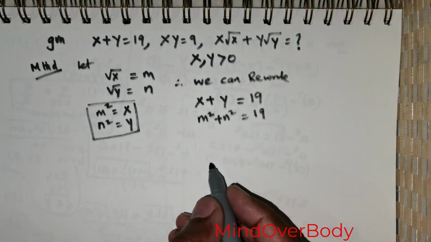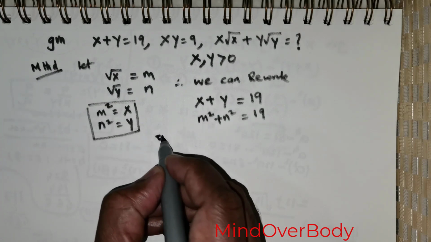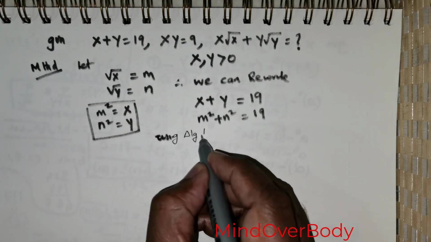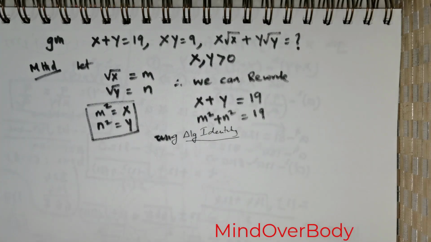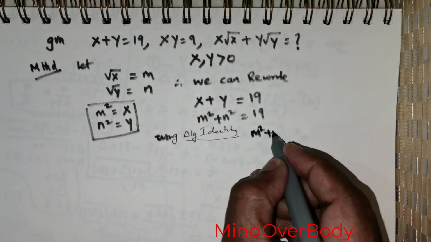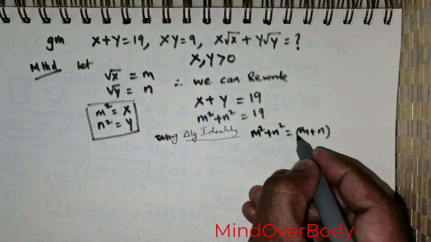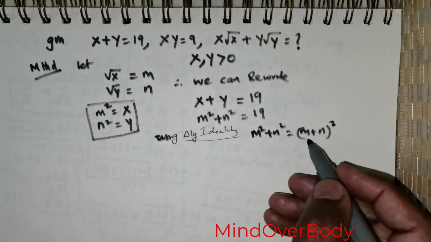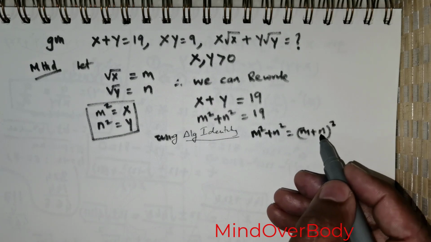Now using an algebraic identity, I'm going to write m squared plus n squared as (m plus n) raised to the power of 2. So I get an m squared, I get an n squared, and I also get 2 times m times n.